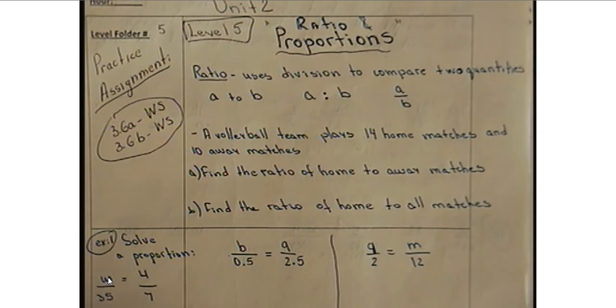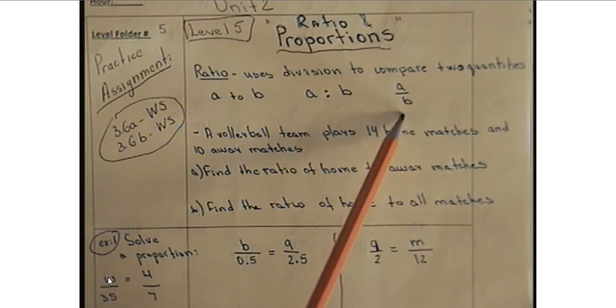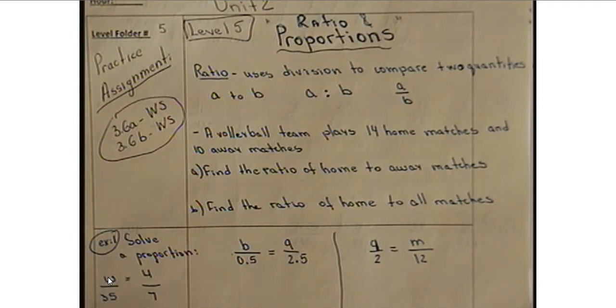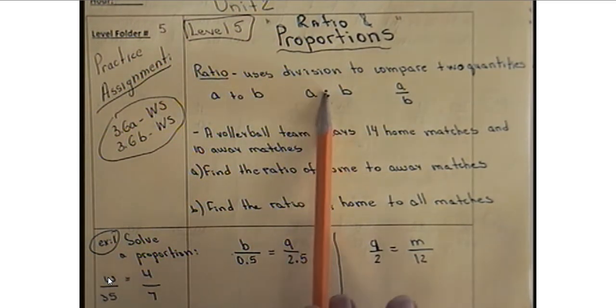So first thing, we're gonna talk about what is ratio. Ratio uses division to compare two quantities. Okay, so when we talk about division and ratio, also think about fractions. Very popular when people are talking about ratios to think about fractions, but also you may see something like this: a:b.